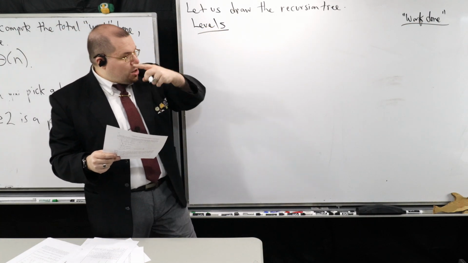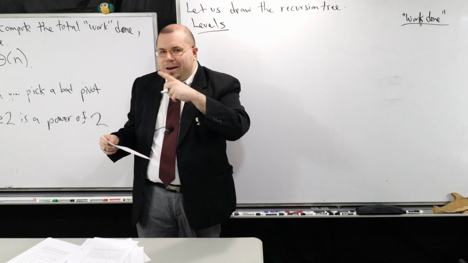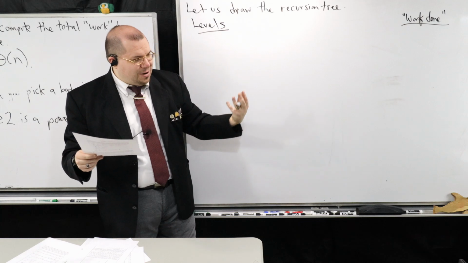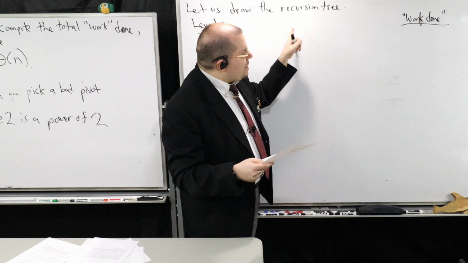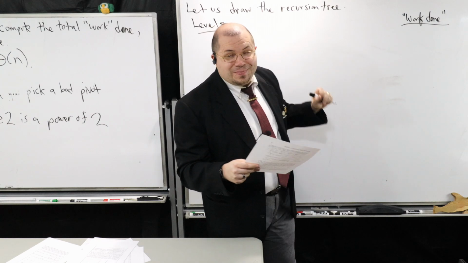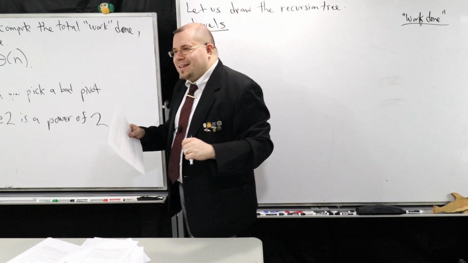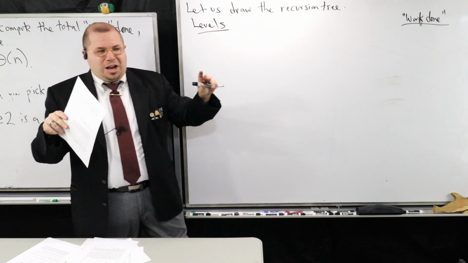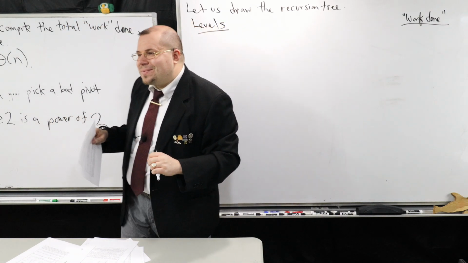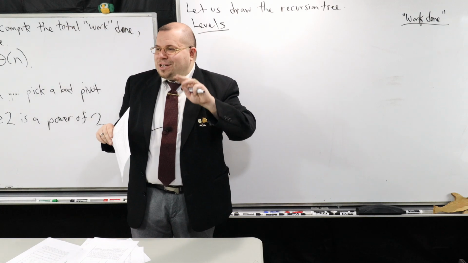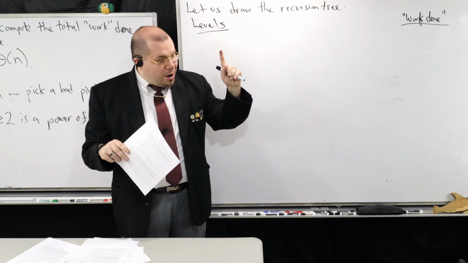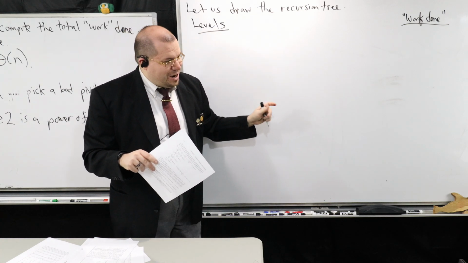Now, if you recall the recurrence relation over there, if you think about it as a recursive algorithm, which is very intuitive for us to think of, if I had a given node in the tree, how many children should it have? Just think of it like a call tree. That makes it easier to think about. So how many children would it have in the tree? Remember, in our first example, I had one recursive call, so I had exactly one child each time.